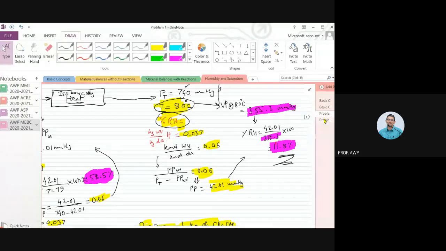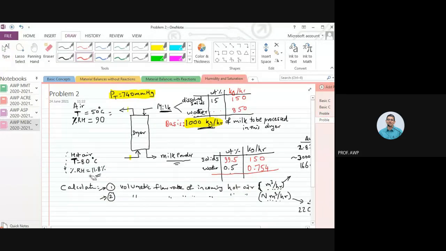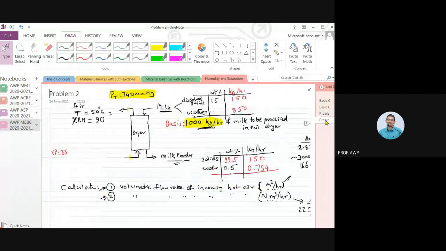You remember the previous problem? Yes, sir. So this is hot air. So you found the vapor pressure, that was 355.3. Okay, now what did you do?